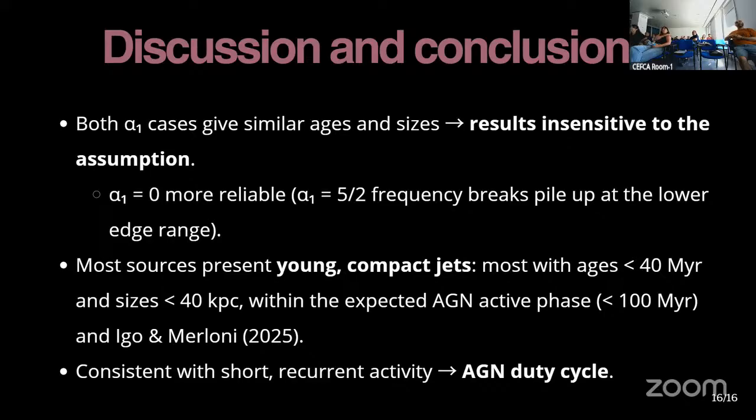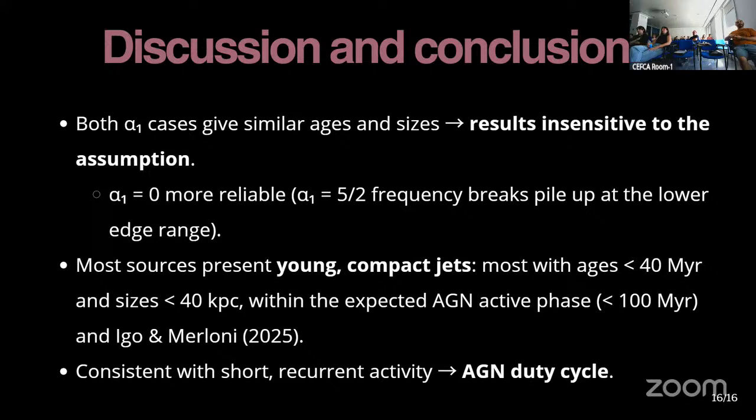The distributions gave us sources that were young and compact, with ages below 40 megayears and sizes, for most of them, below 40 kiloparsecs. So this is compatible with the typical AGN active phase duration, which is below 100 megayears, and it's also compatible with the results of Vigo and Merloni, who found that the energetic budget was dominated by young compact sources, which are the ones that we found here.